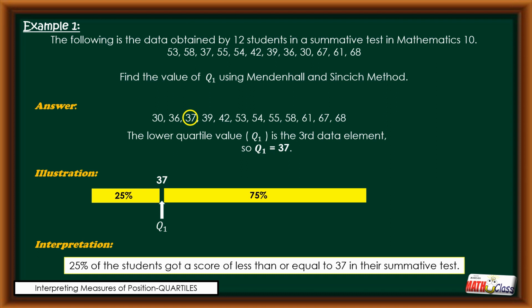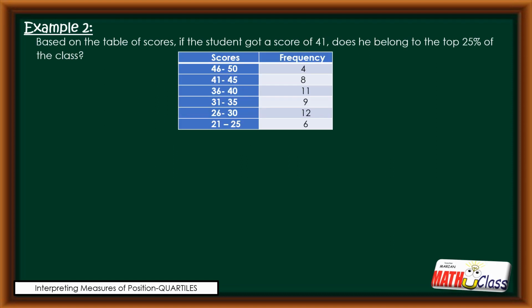Now, let us proceed to the second example. Based on the table of scores, if the student got a score of 41, does he belong to the top 25% of the class? This problem is an example of grouped data, so we have to follow the steps discussed in Module 2, Lesson 1, Quartiles for Grouped Data.